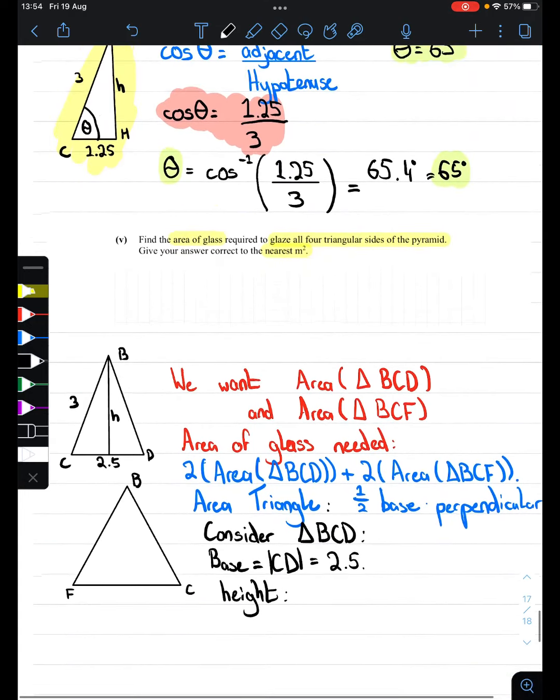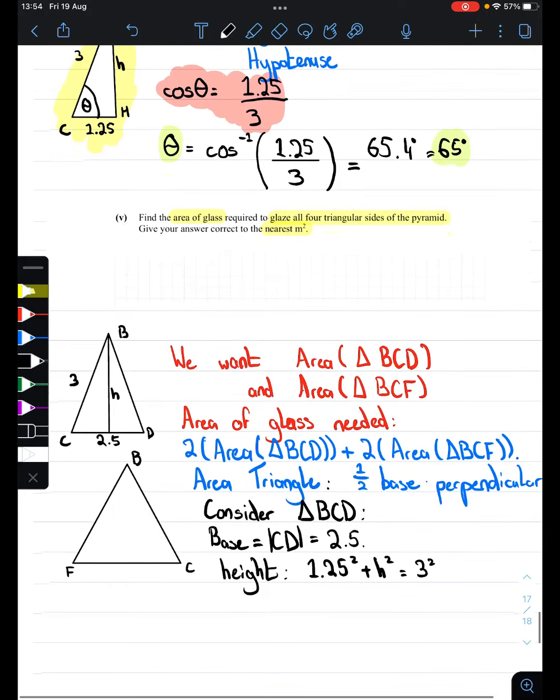So 1.25 squared plus the length squared equals 3 squared, because it's a right angle triangle.